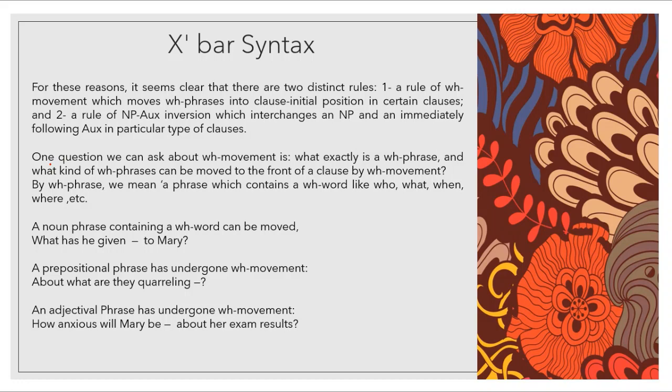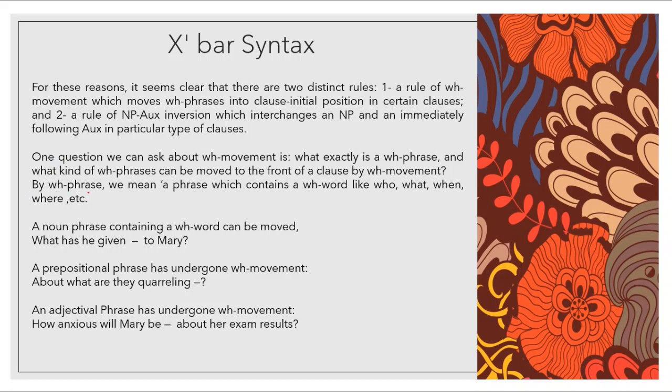One question we can ask about WH movement is what exactly is a WH phrase and what kind of WH phrases can be moved to the front of a clause by WH movement. I explained it just now. And do all forms or all types of them undergo this WH movement?